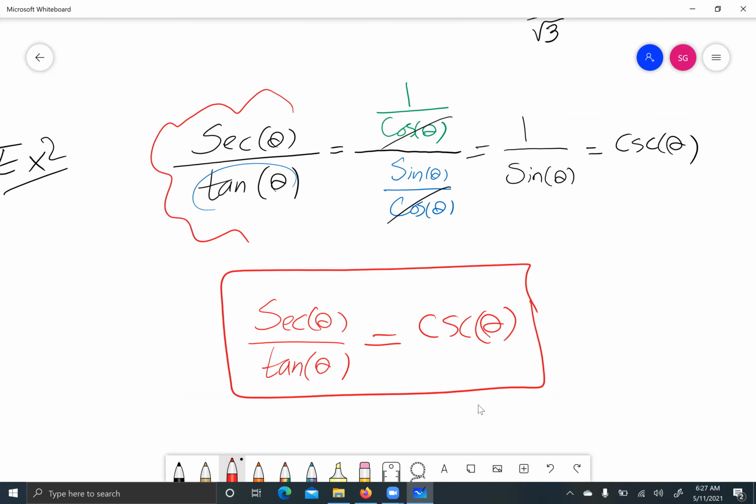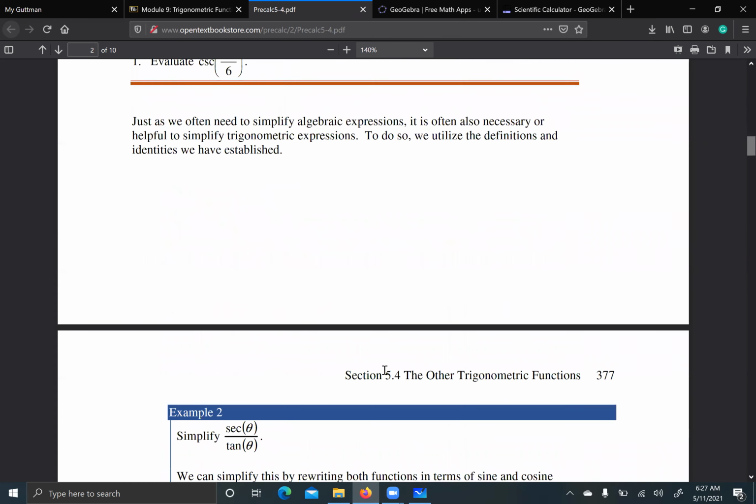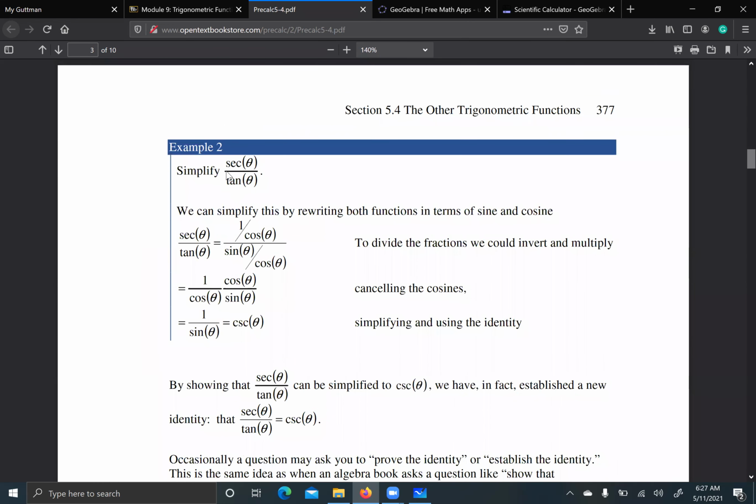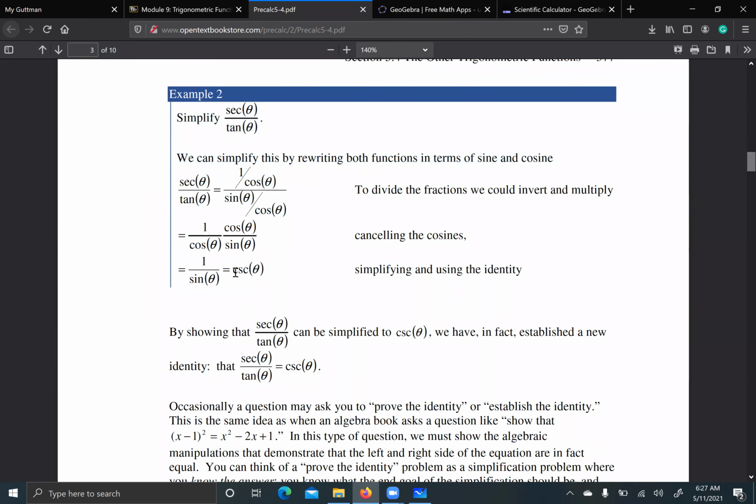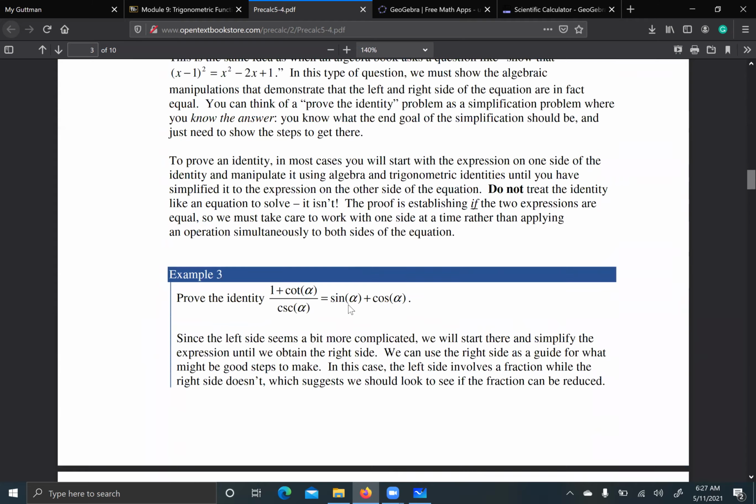And the proof is right over there. We substituted secant and tangent, we simplified, and then we used the identity to express it as cosecant.